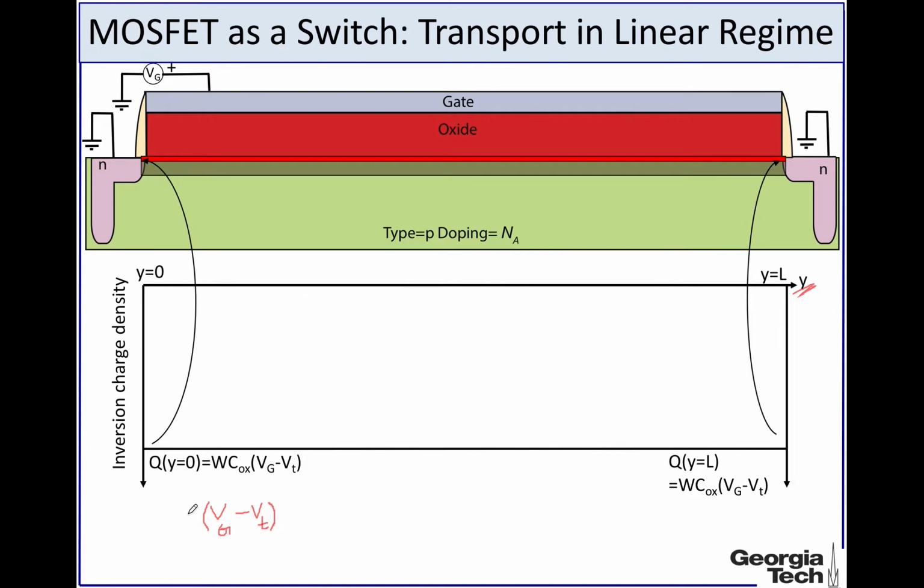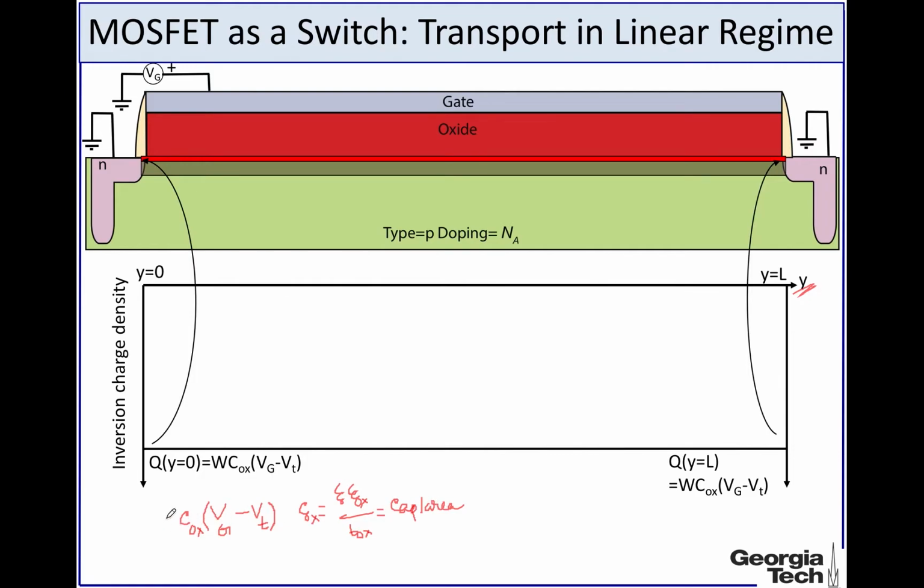So this is the voltage. Then if we multiply it with Cox, we get the charge density per unit area. Why is that? Because Cox, the oxide capacitance of the gate oxide, is given by epsilon naught epsilon ox divided by Tox, which is basically the gate capacitance per unit area.